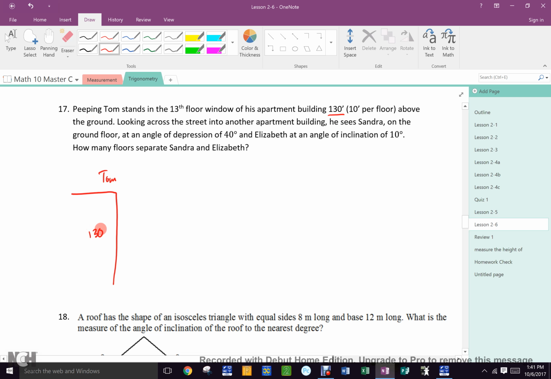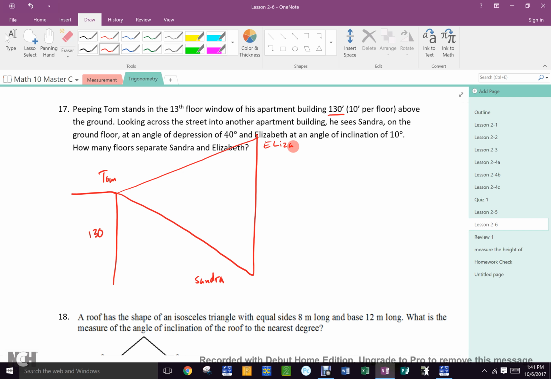Everybody agree? Okay. He looks across the street and he sees the lovely and talented Sandra down on the ground. Right? And then he looks over to the top of the building over there and he sees the lovely and talented Elizabeth. Do I have a triangle that I can do trig with yet?